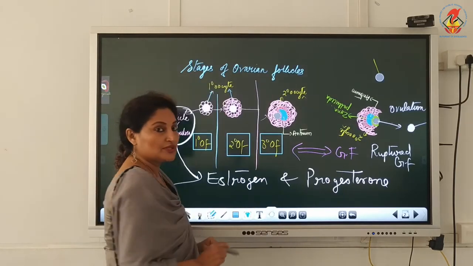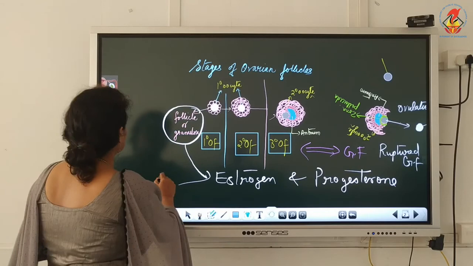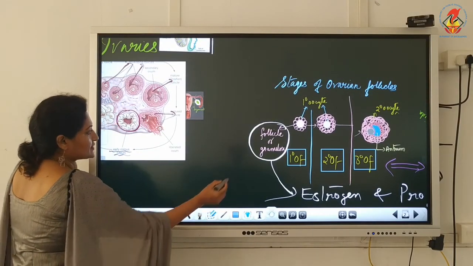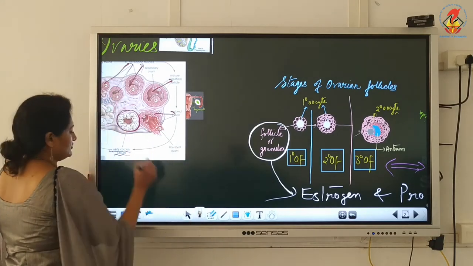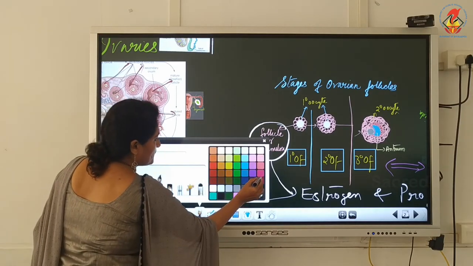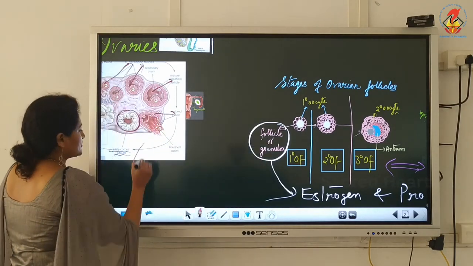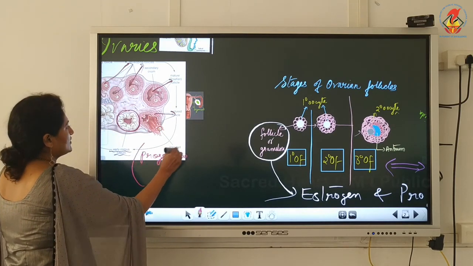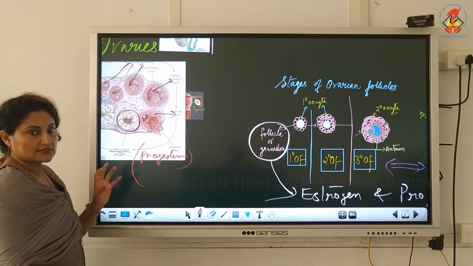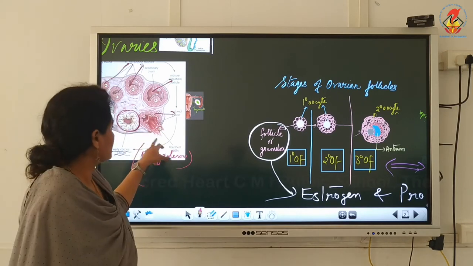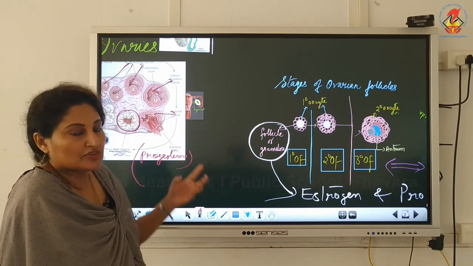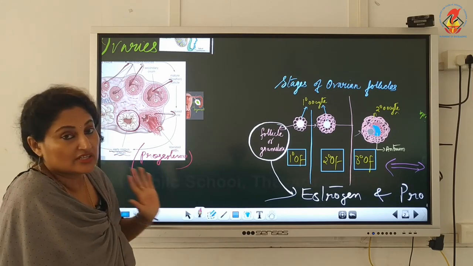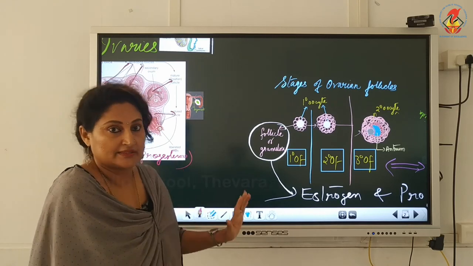What is corpus luteum? The empty Graafian follicle, which is here. The yellow mass, which does not have the egg, that empty Graafian follicle called corpus luteum, only produces progesterone. Very, very important to maintain pregnancy.